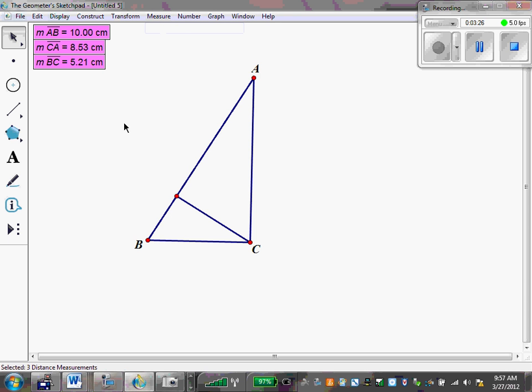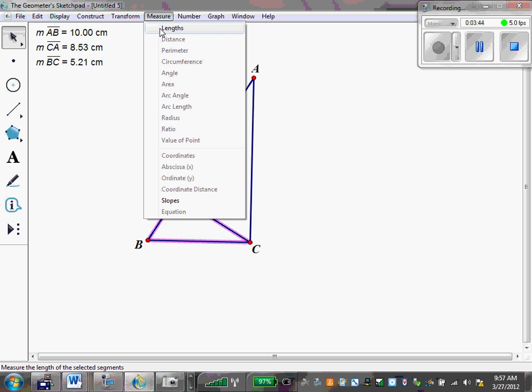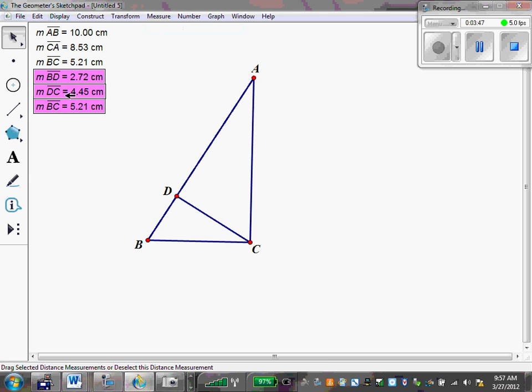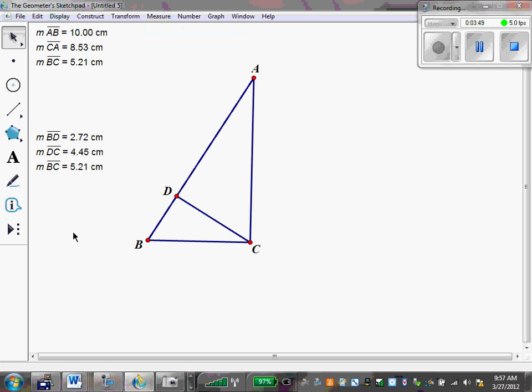So there are the lengths of my original right triangle. I'm going to leave those right like that. And now I'm going to measure the lengths of this smaller right triangle. I'm just going to move those down a little bit. And then I'm going to measure the lengths of my third right triangle. And I'm going to scoot those down even further.